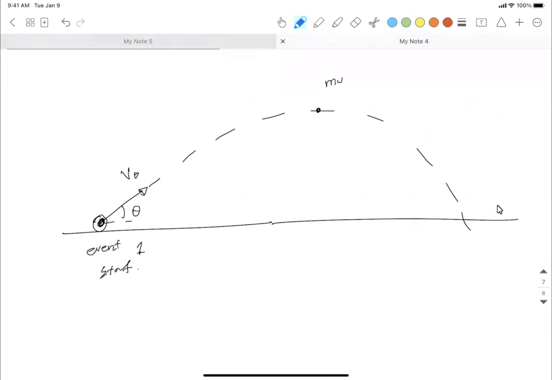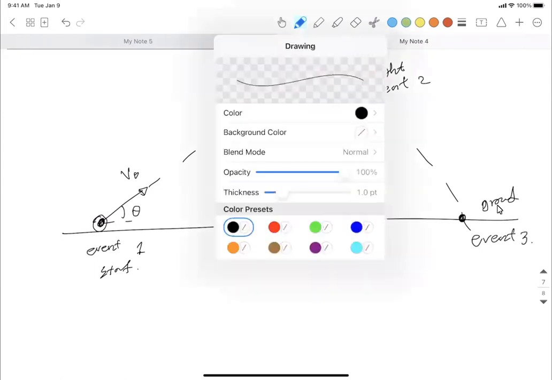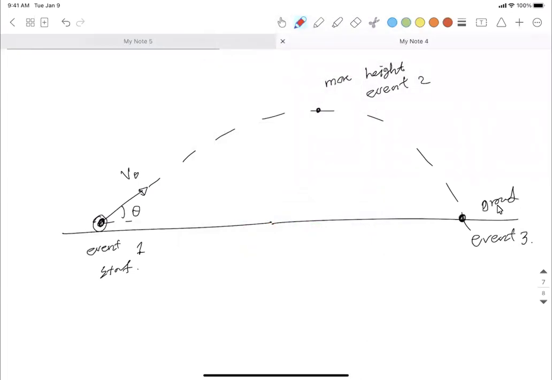Maximum height, event 2. Reach the ground, event 3. Whenever needed, you can consider the whole motion from here to here.